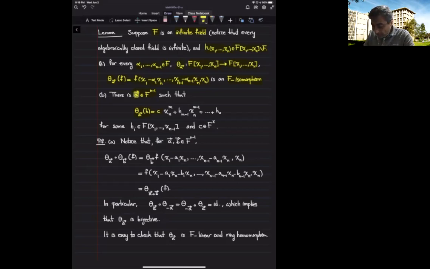So if I view this polynomial as a polynomial in x sub n, I end up getting a constant non-zero leading coefficient. So that's going to be our source of finding something inside I that has a constant non-zero leading coefficient.